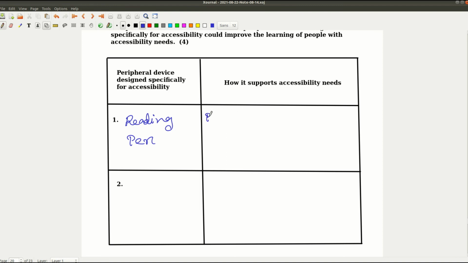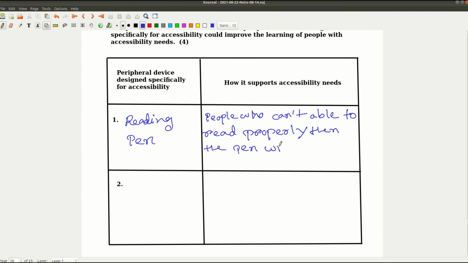People who can't read properly, right? Then the pen will read for them.